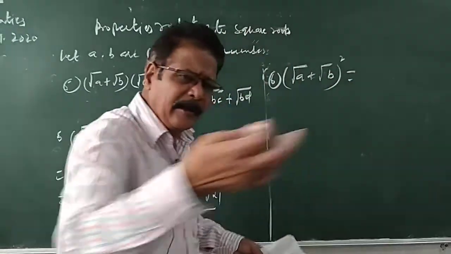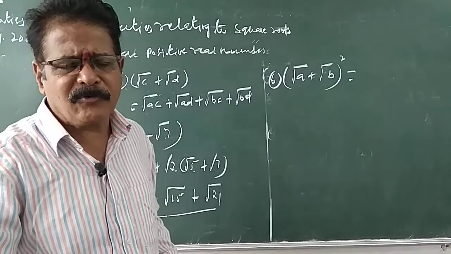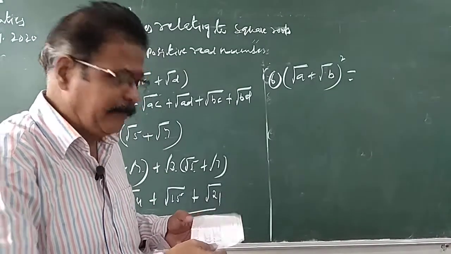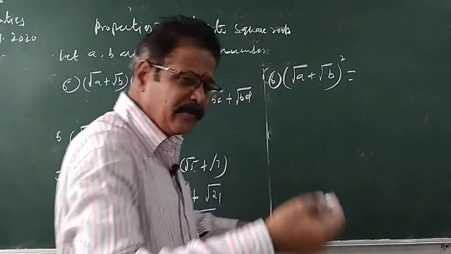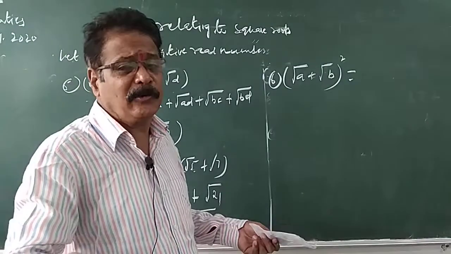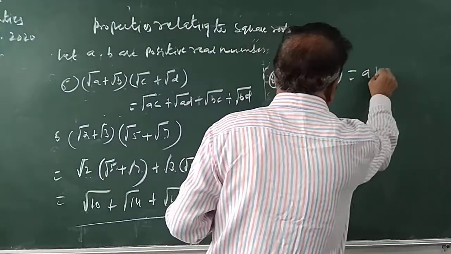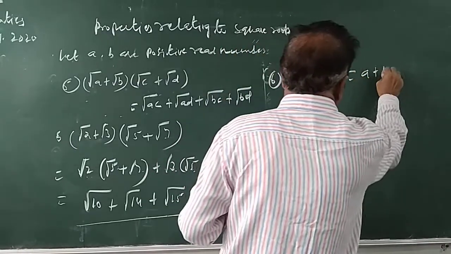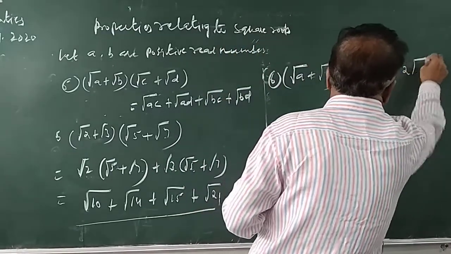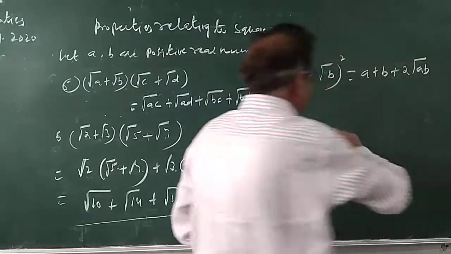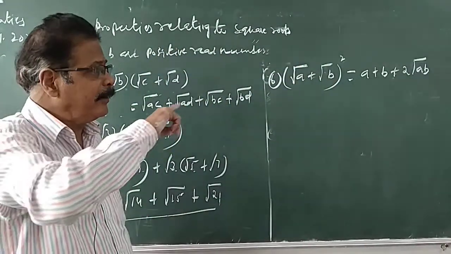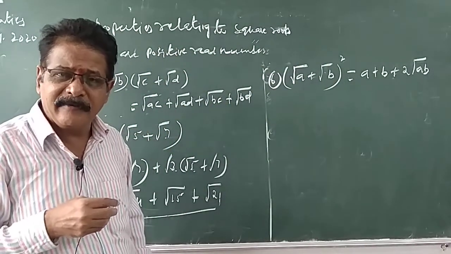As you know the (a plus b) whole square formula: a square plus b square plus 2ab, or a square plus 2ab plus b square. When a square root is there, you don't keep the square. So (root a plus root b) whole square is equal to a plus b plus 2 root ab.